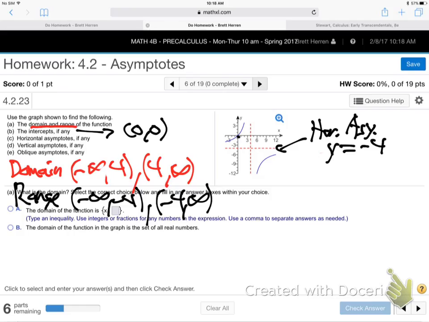And the vertical asymptote, which is right there, hits the x-axis at positive 4. Good. Oblique means a diagonal asymptote. We'll get to that. There are no diagonal dotted lines on this one, so we're done. Good there.